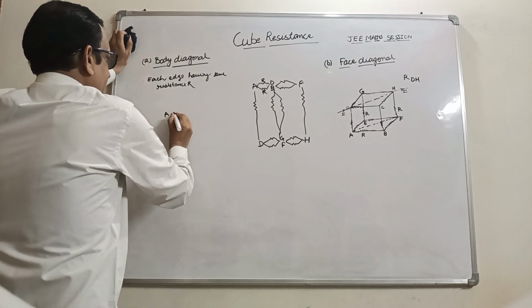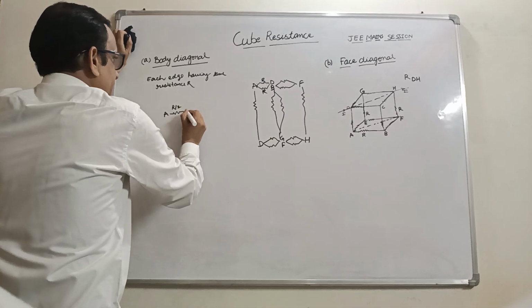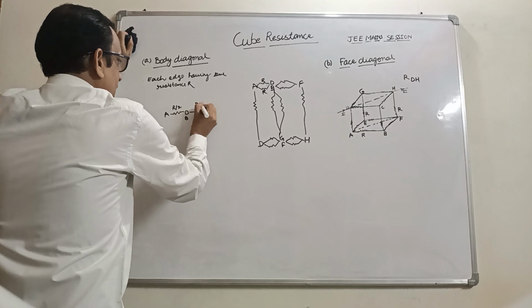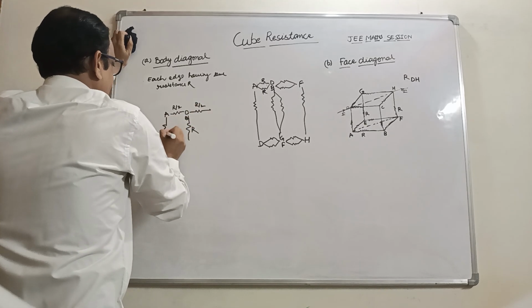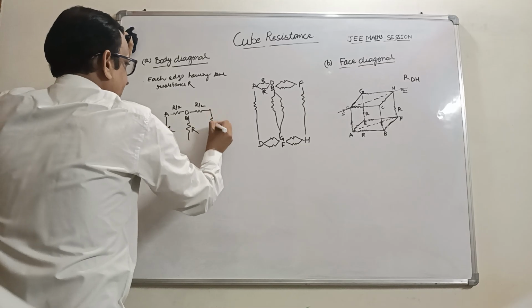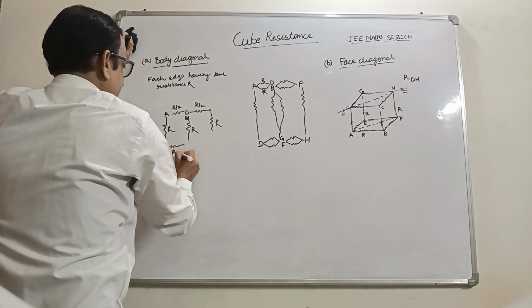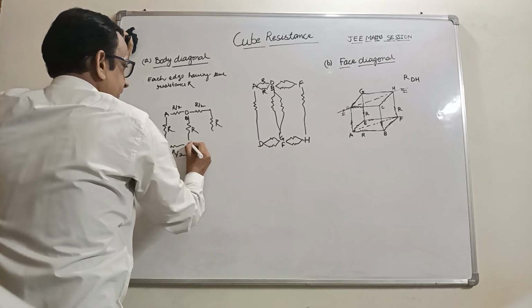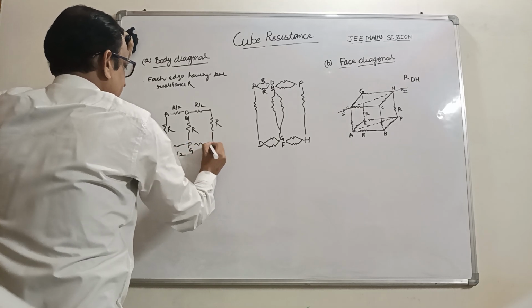So between A and B, the resistance will be R by 2, and this is suppose point D or B. This resistance would be R by 2, and this resistance would be R, this R, this R, and this R by 2, and this R by 2. This is D, this is F, G, and this resistance would be R by 2.